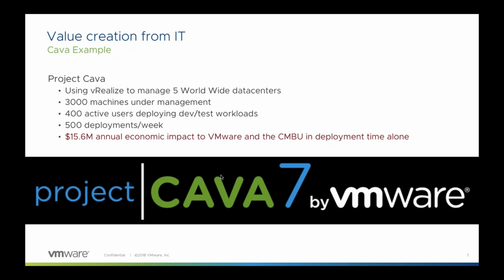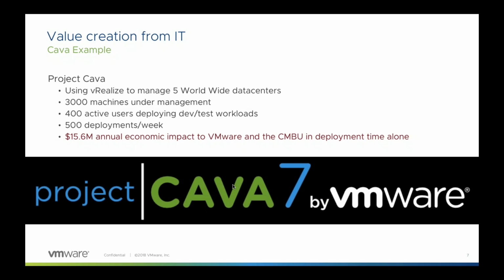So taking vRealize Automation and taking operations at VMware in the CMBU, we actually use it for provisioning into 5 worldwide data centers. We have about 3,000 machines under management just in the cloud management business unit. We've got about 400 active users deploying dev test workloads, everything from deploying vCenter clusters to being able to deploy VROps clusters, VRA clusters.